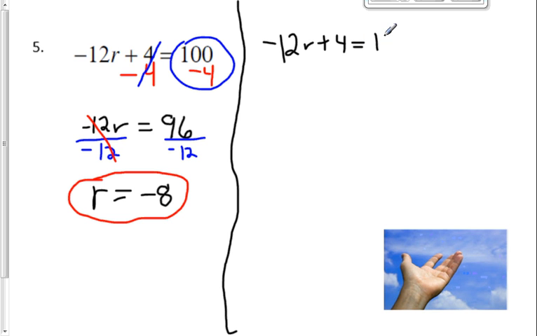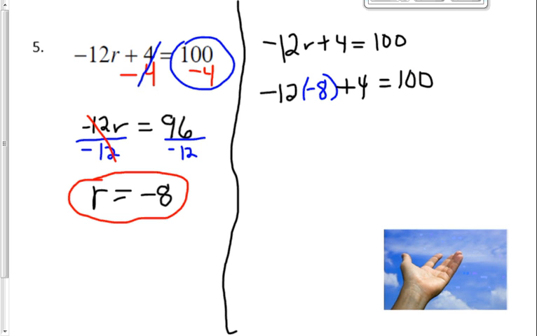The only difference now is that you're telling me we got an answer of negative 8. So I'm going to plug it in. Negative 12 times negative 8. Instead of r, I'm going to say it's negative 8. Negative 12 times negative 8 plus 4. I'm saying that expression right there is equivalent to 100.